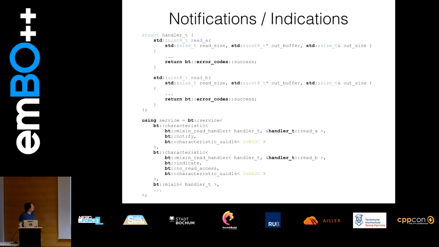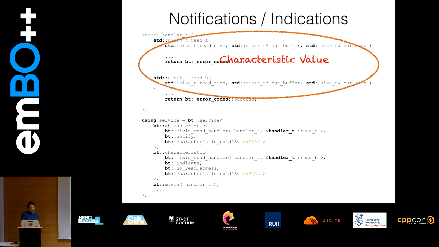Notifications and indications are a feature of Bluetoe. To implement a characteristic with notification or indication, there has to be some means to define the value of the characteristic. This is, again, the read handlers.